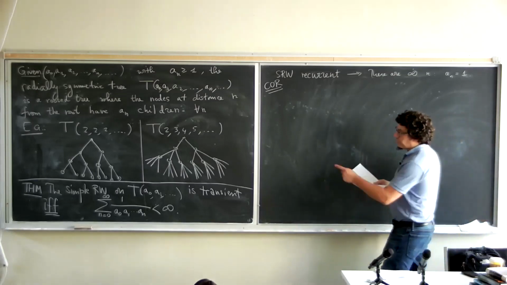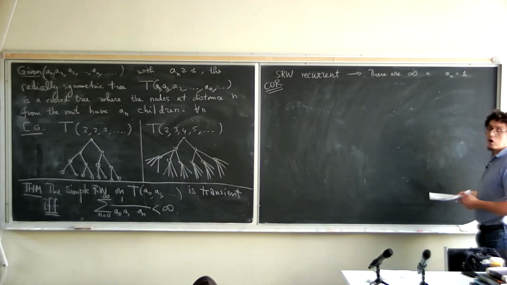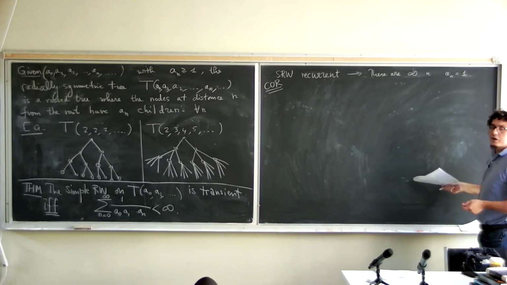So obviously, if you put all ones after some time, then it's recurrent. Is that the only thing we can do? Can we still make it recurrent when there are infinitely many 2s?